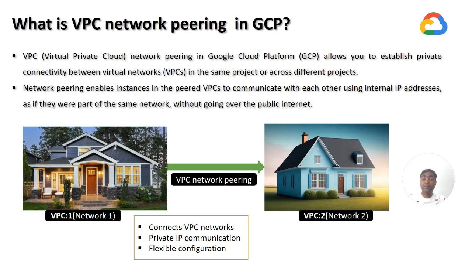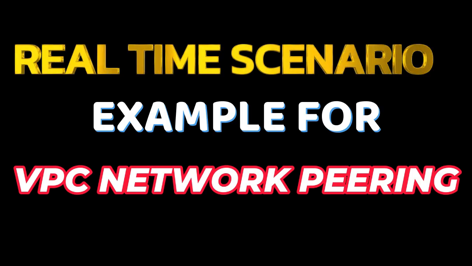You create a peering connection between network 1 and network 2. Configure routing: you configure subnet routes and custom routes in both networks to direct traffic between the appropriate subnets. Resources communicate: your web server in network 1 can directly access the database server in network 2 using their internal IP addresses. This secure and private connection improves performance and reduces the risk of unauthorized access.